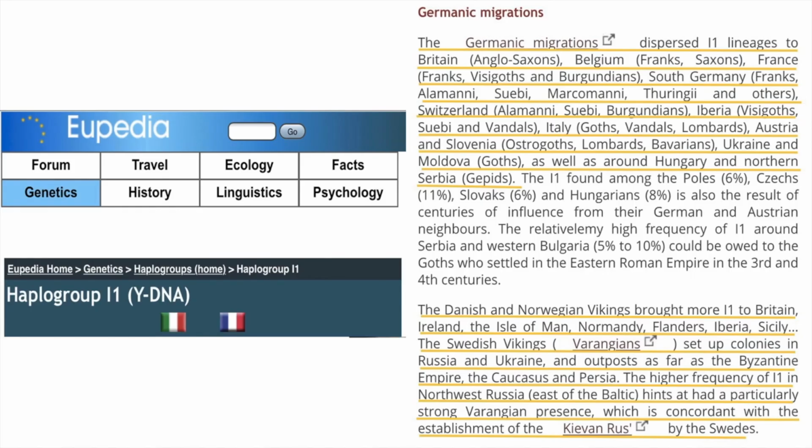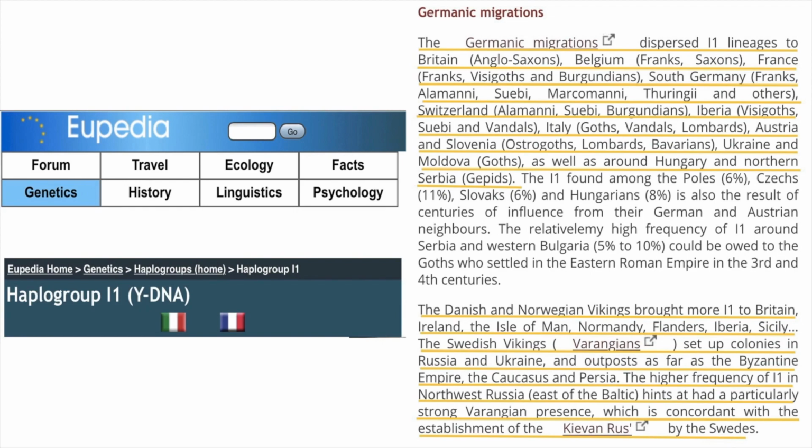And this is continuing from Eupedia, haplogroup I1. It says, the Germanic migrations dispersed I1 lineages to Britain, Anglo-Saxons; Bulgarian; France, Franks; Visigoths; South Germany, Franks and others; Switzerland; Iberia, Visigoths, Vandals; Italy, Goths, Vandals, Lombards; Austria, Ostrogoths, Lombards; Ukraine, Goths, as well as around Hungary and northern Serbia.